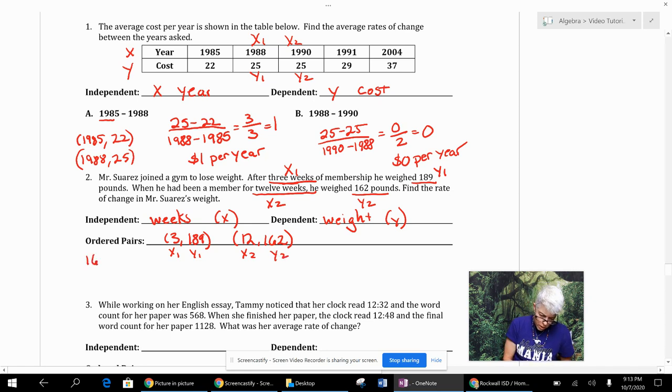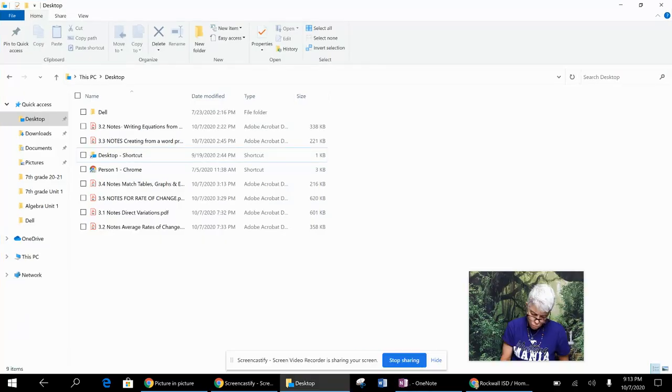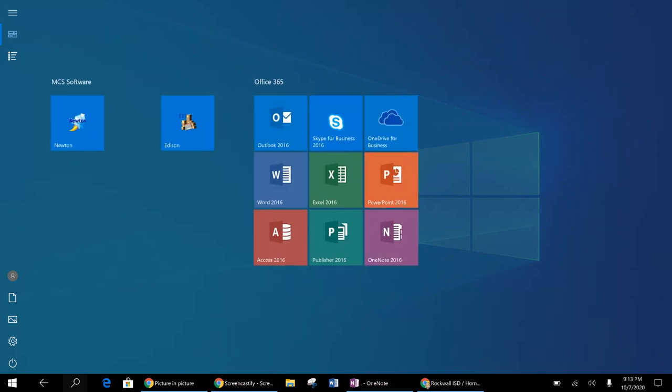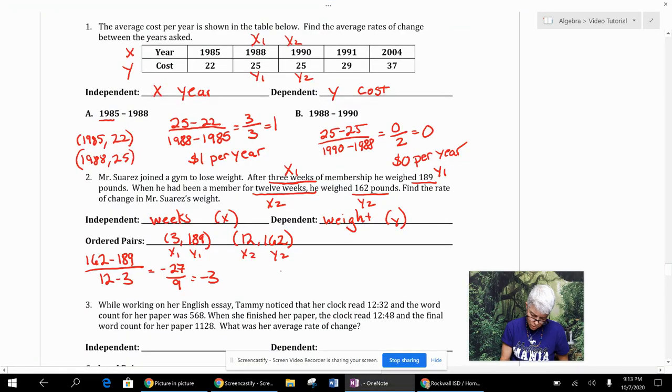So 162 minus 189 over 12 minus 3 equals a negative 27 over 9, which is a negative 3. So it is 3 pounds, negative 3 pounds per week.